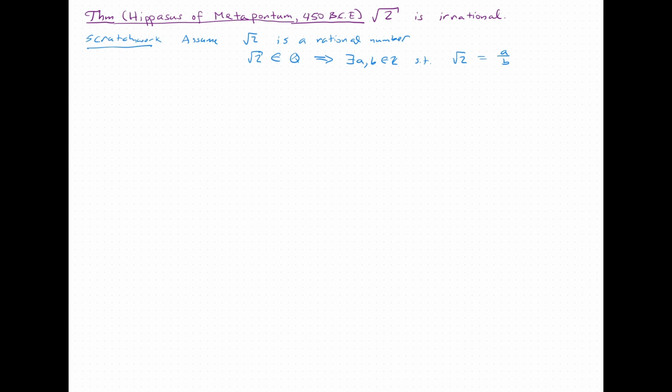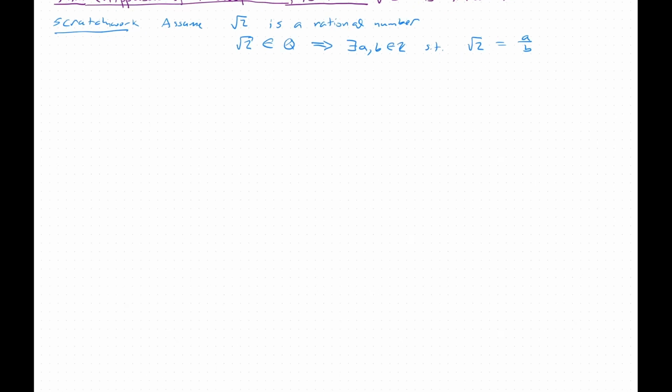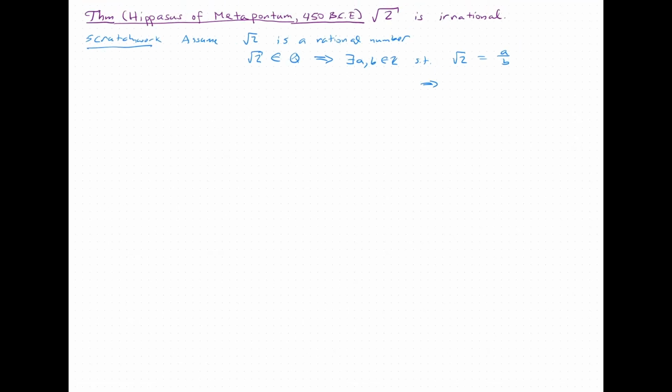If we then square both sides, we get 2 is equal to a squared over b squared. And we can go ahead, multiply by b squared, and have 2b squared is equal to a squared.